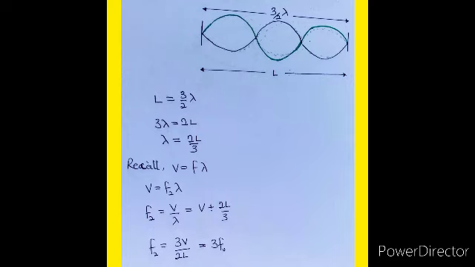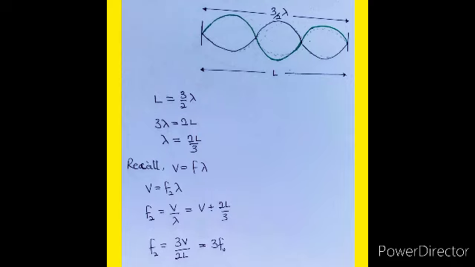Once again, let's recall that velocity equals frequency times wavelength, V equals F lambda. In this case, we are looking for the frequency of the second overtone. So we can say V equals F2 lambda. So our F2 equals V over lambda, and our lambda is equal to what? 2L over 3. If we substitute the value of lambda, 2L over 3, into this formula, we have that F2 equals V divided by 2L over 3.